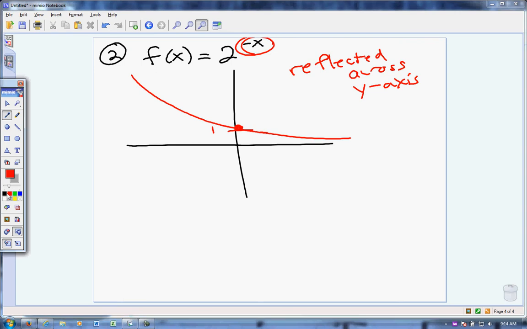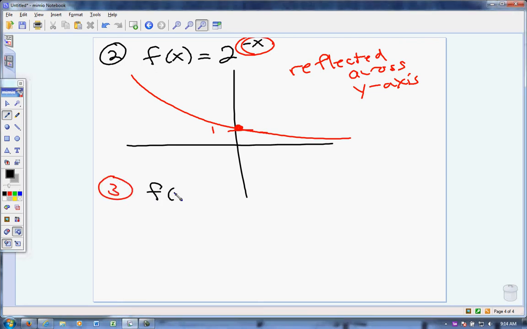So guess what? If I were to graph f of x equals negative 2 to the x, now notice that, make sure you understand what that's saying. You have to think negative 1 times 2 to the x when you see that function.